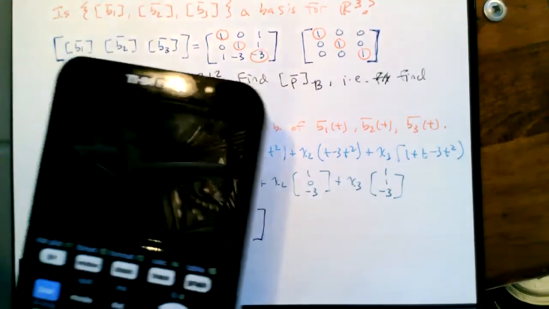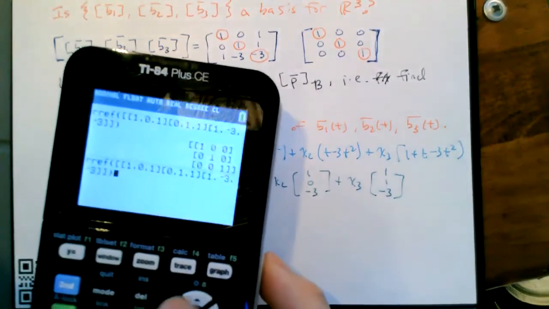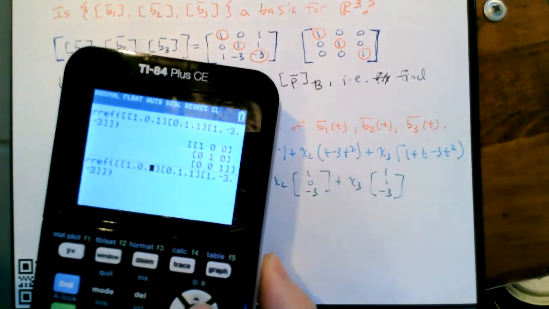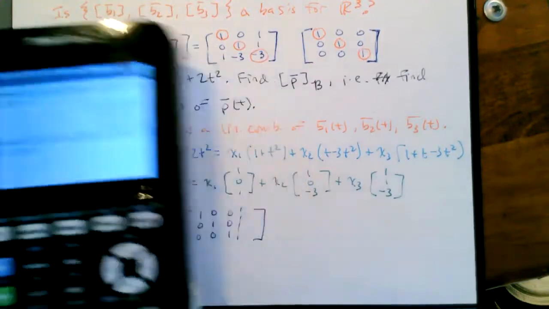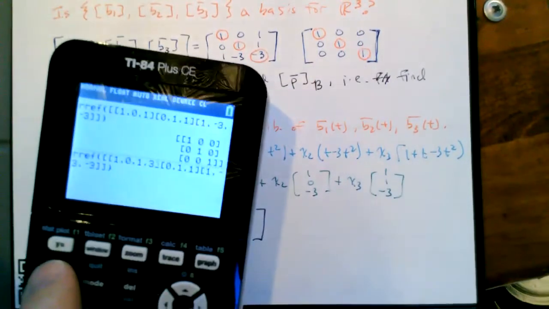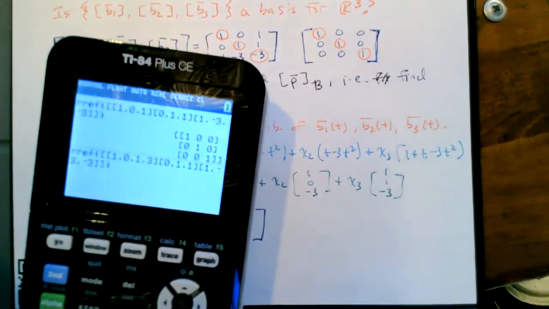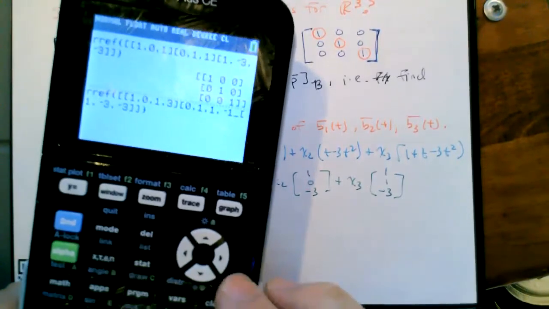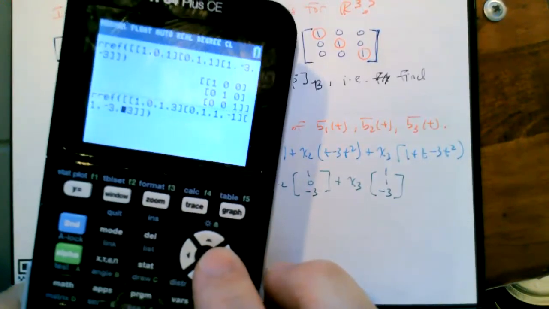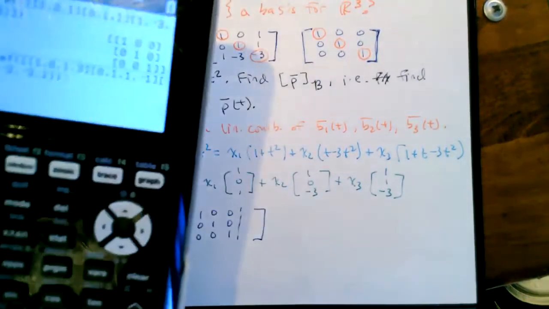So I'm going to have to edit my matrix. In the first row, I'm going to have to insert a 3. And in the second row, I'm going to have to insert a -1. And in the third row, I'm going to have to insert a 2.